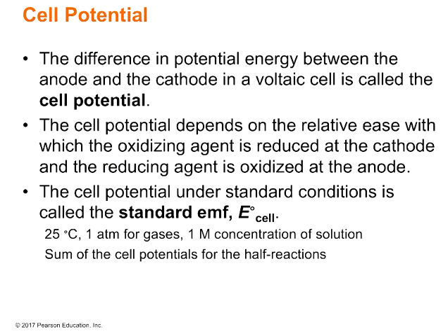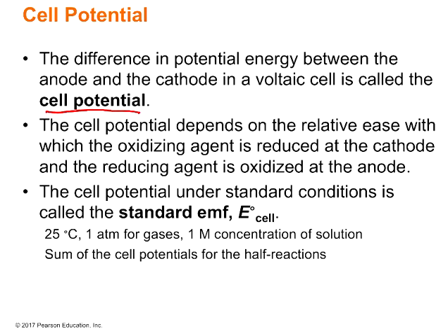So now we can actually call that the cell potential. I like to think of it as, what's the likelihood that this electrochemical cell or this battery will produce energy? What's the likelihood that electrons will flow from one side to the other?